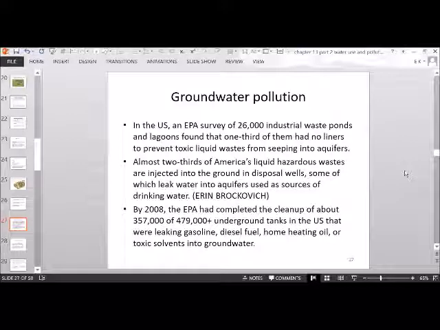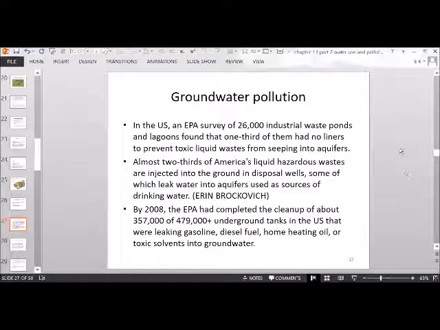By 2008, the EPA had completed the cleanup of about 357,000 of 479,000 underground tanks in the US that were leaking gasoline, diesel fuel, home heating oil, or toxic solvents into groundwater.